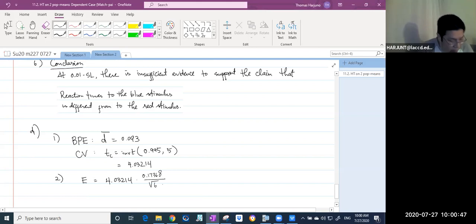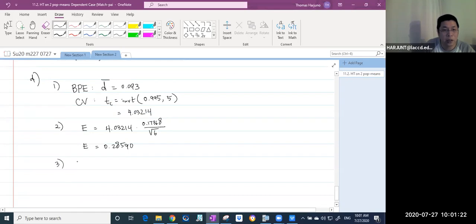Now remember, don't use the result from the calculator to do this, because we start with slightly different numbers by rounding. I get the margin of error is 0.28590.